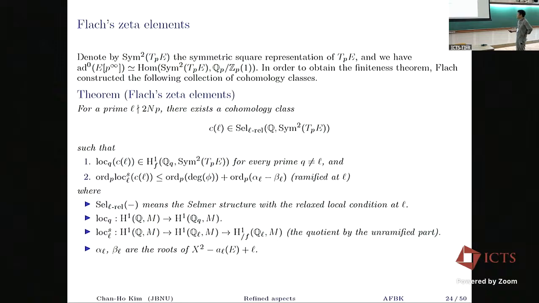At all the other primes, it satisfies the Bloch-Kato local condition, so unramified or crystalline at p. If we restrict to l, it basically detects the degree of phi and some extra data, but we will ignore that. Here Sel_l-relaxed means the Bloch-Kato Selmer structure, but only changing the local condition at l to a relaxed one. The localization map is just the restriction map, and S means we add a singular quotient. Alpha_l and beta_l are nothing but the roots of the Hecke polynomial at l.